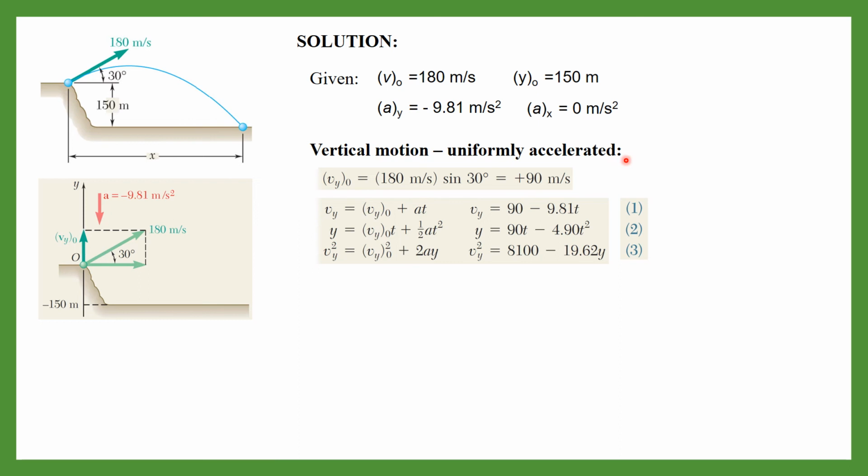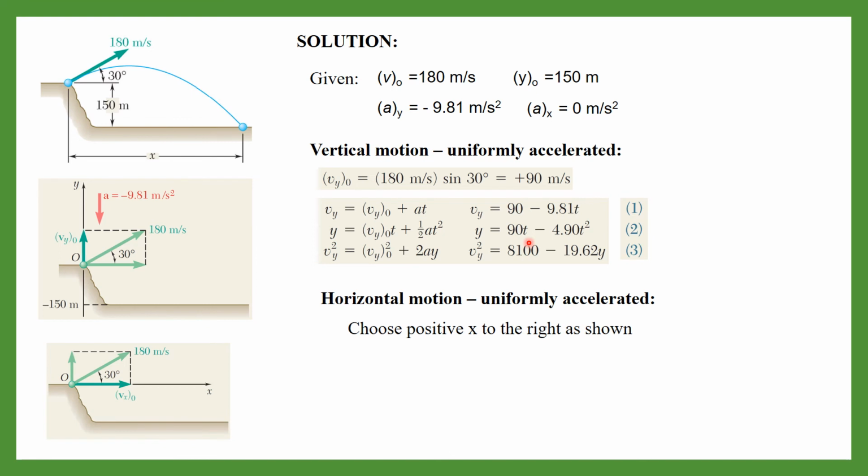These are the equations of motion for uniformly accelerated motion, which we already know. Vy is equal to Vy naught plus a t, y is equal to Vy naught t plus half a t square, and Vy square is equal to Vy naught square plus 2ay. So these are the three equations. Similarly, we write the equation of motion in the horizontal direction.